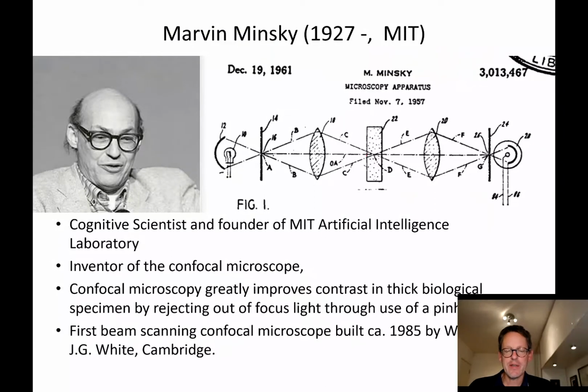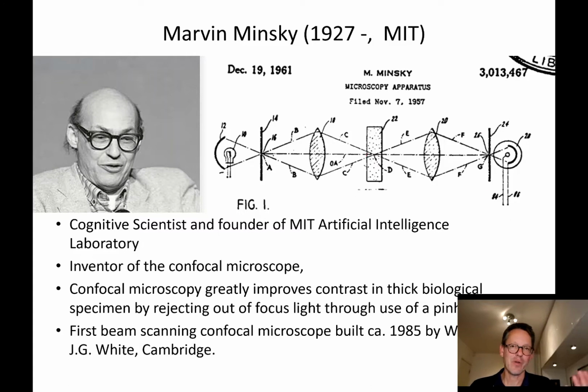So we've heard in the last part about how to improve resolution and how to improve contrast by suppressing signal that you don't want. One further, very important method to improve the contrast and reduce out-of-focus light is the confocal microscope. You must have seen confocal microscopes in different contexts.